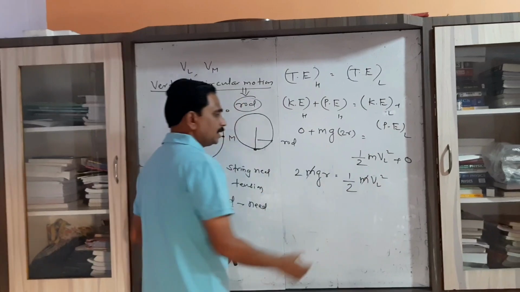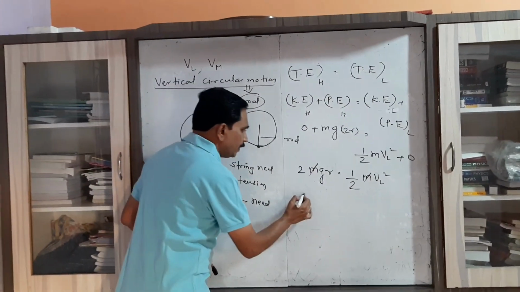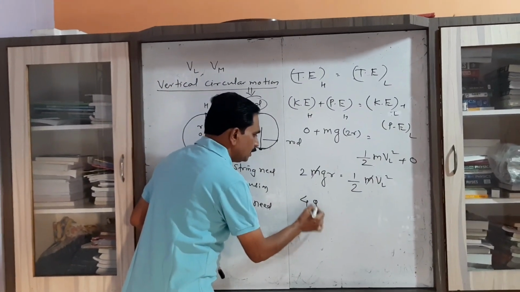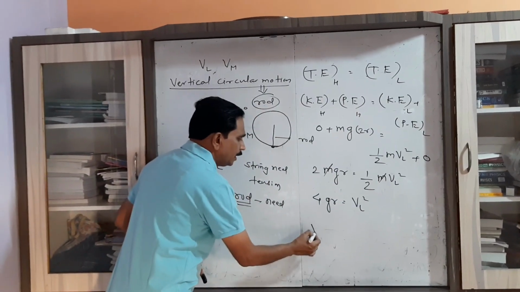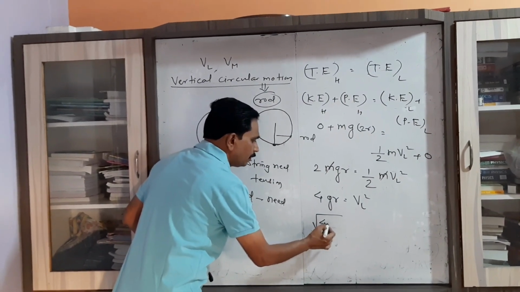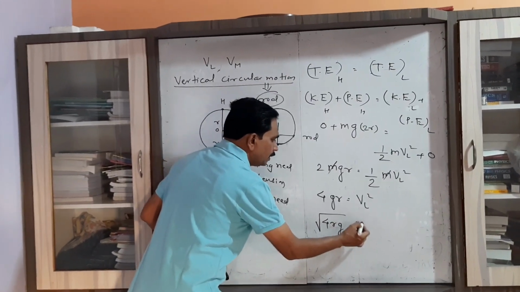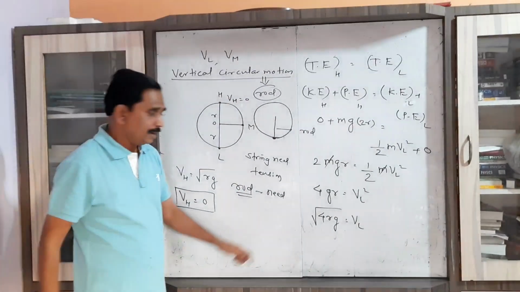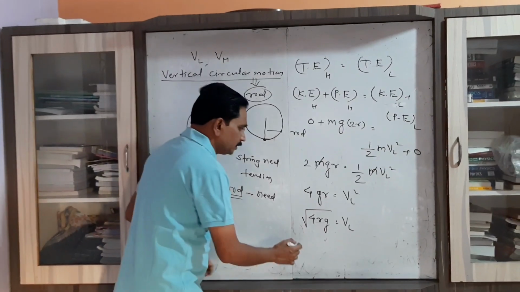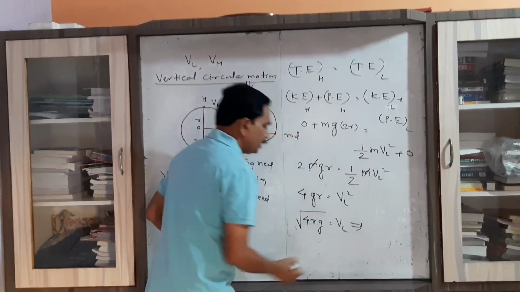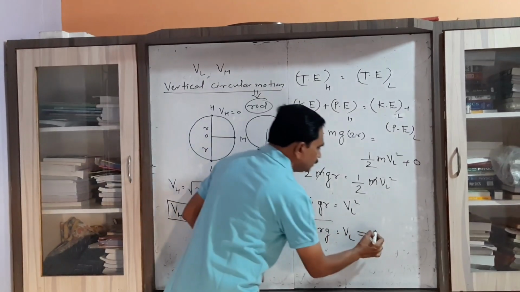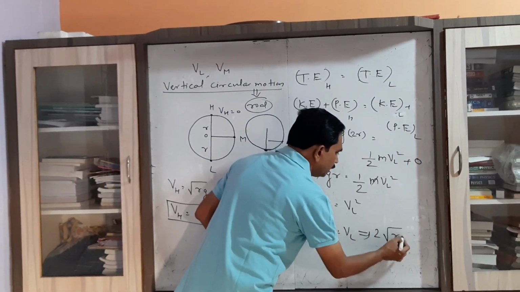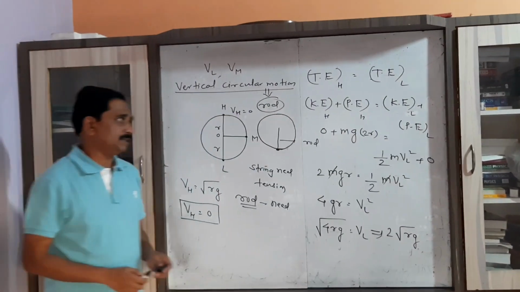Now if we cancel the mass m, then we have 4 gr or 4rg equal to vl square. Therefore under root of 4 rg equal to vl. If we take the square root of 4, the same thing can be written as vl, meaning the velocity of that body at the lowest position, is simply twice into under root of rg.